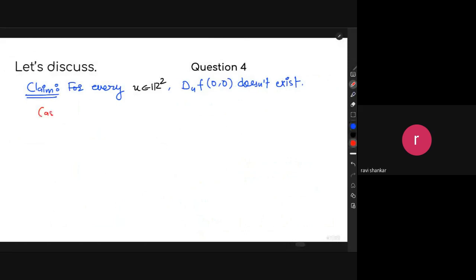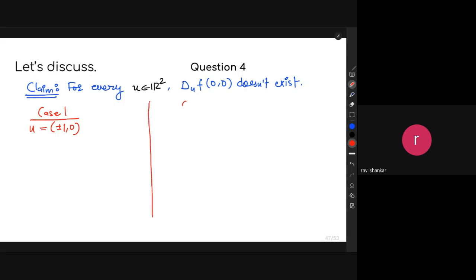Case one, when u is equal to plus minus 1 comma 0. My second case will be when u is not equal to plus minus 1 comma 0.